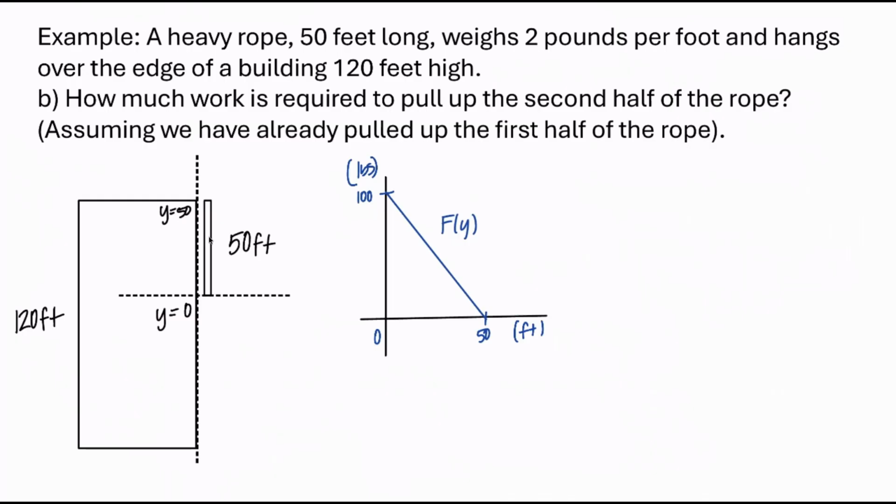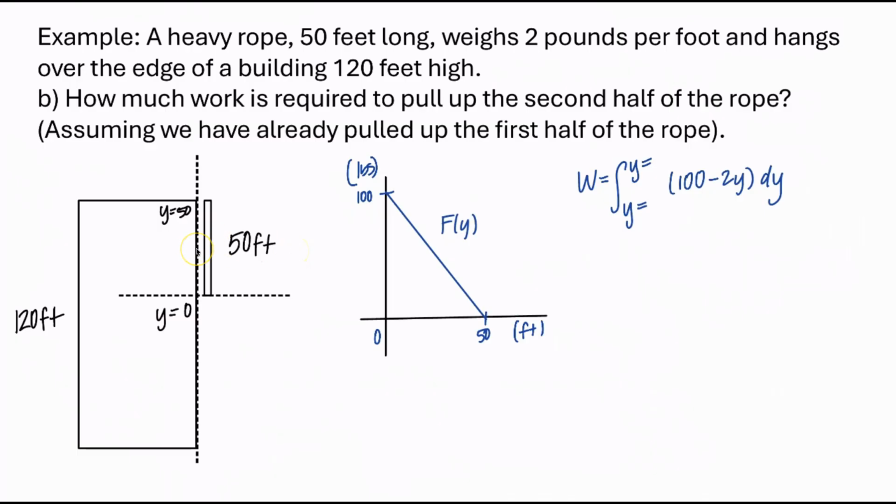So our formula is still work is equal to the integral from some y value to another y value of the force function. We already figured out that the force function is 100 minus 2y dy. So it's really about picking the correct limits of integration here. Half the rope is going to be 25 feet of rope.